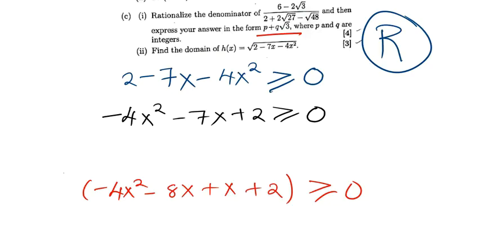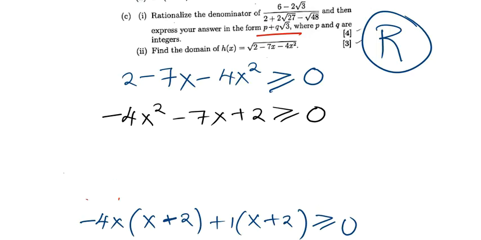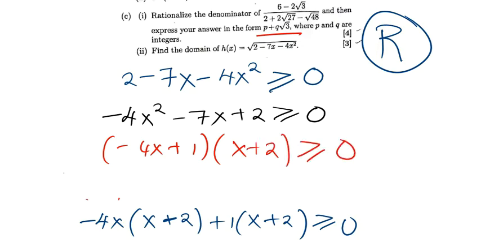We know negative 4 is common, negative 4x, so we remain with x plus 2. The other part we maintain, so that we just have x plus 2. And then we remain with negative 4x plus 1 and then x plus 2 greater than or equal to 0.